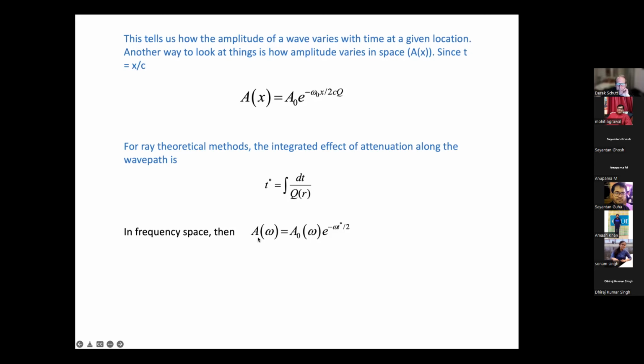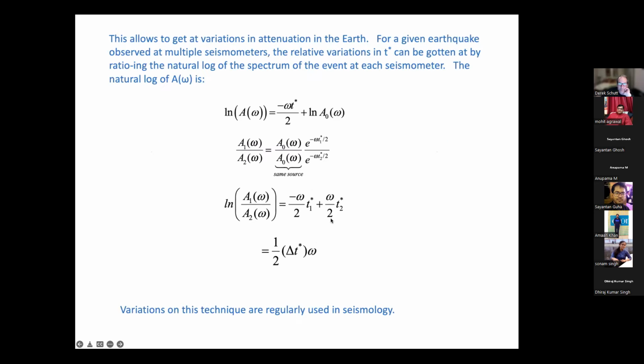In frequency space, A of omega equals A naught of omega e to the minus omega t star over 2. So this allows us to get at variations in attenuation in the Earth. So for a given earthquake observed at multiple seismometers, the relative variations in t star can be gotten at by ratioing the natural log of the spectrum of the event at each seismometer. So the natural log of A of omega is going to be minus omega t star over 2 plus ln A naught of omega.